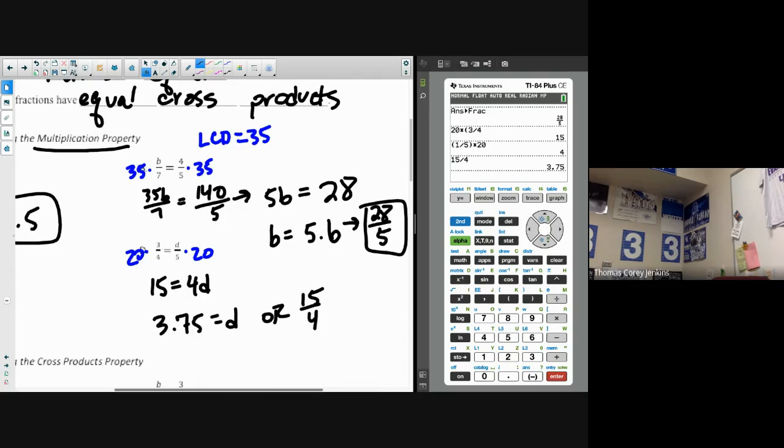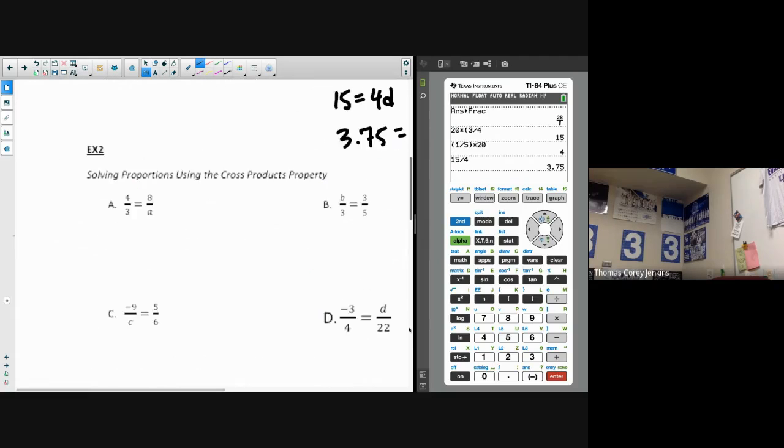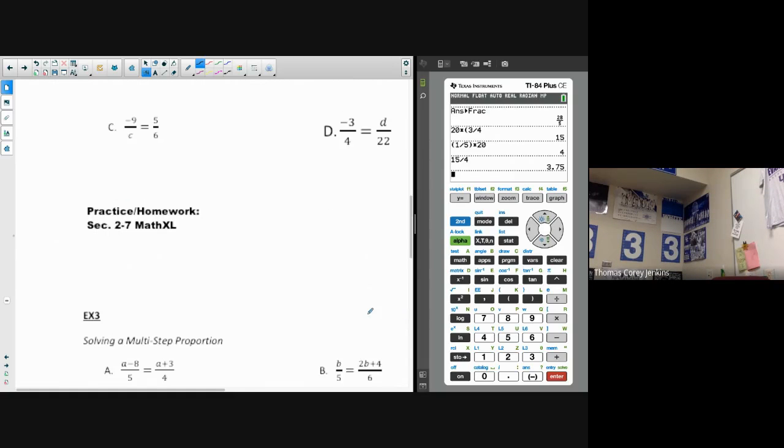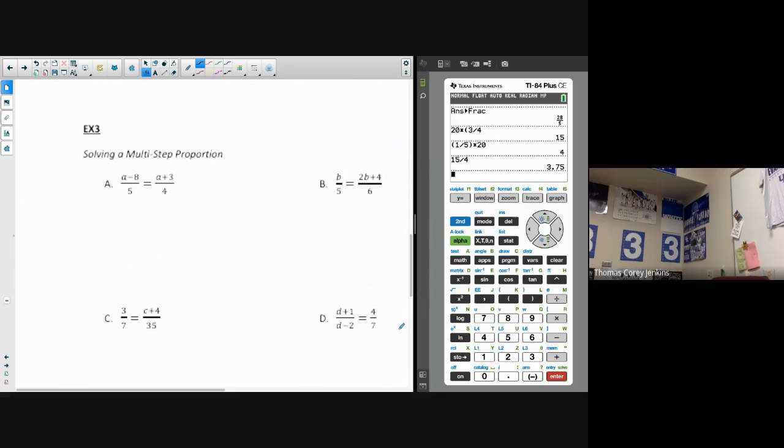So example 2, I'm pretty much just going to skip over because we've done so much on it on the DMR. But basically, just to review, you multiply across, okay, cross products. So 8 times 3 would be 24. 4 times A would be 4A, and so your answer would be 24 divided by 4 there. But that's all done on your notes for you. These will be the ones you'll struggle with if you don't see those, okay?